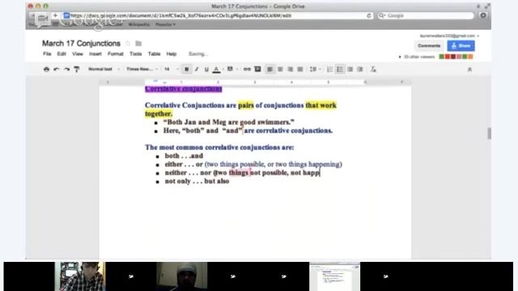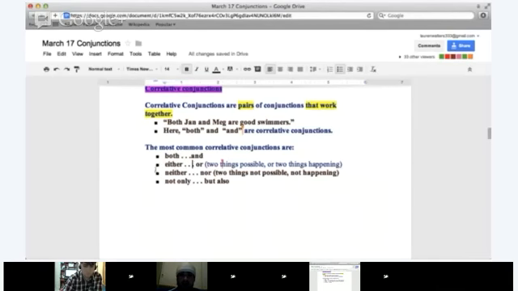Okay, so for example, you could say either you or him are going to read. So it doesn't matter which one comes first. So you both might read, right? So either Jim or Sam will win the race. So one of them is going to win it.